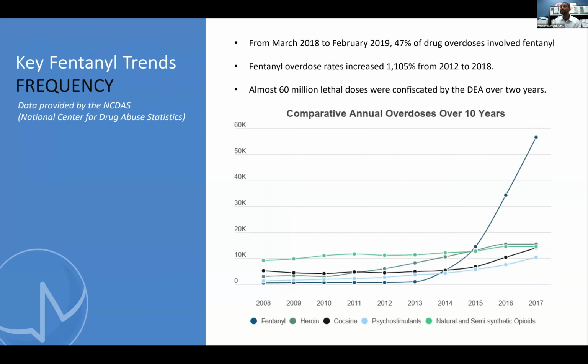Next slide. Okay, so again, another graph here that specifically shows a very sharp trajectory in fentanyl overdoses, roughly about 2015. As we mentioned before, that was when the rise started to initially happen, but all the while peaked during the COVID pandemic.